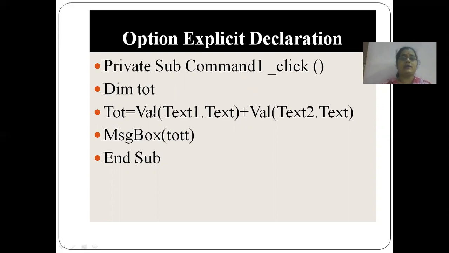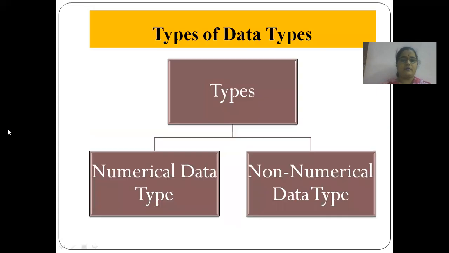Then tot is equal to, here you have to use small t, tot is equal to Val(Text1.Text) plus Val(Text2.Text). And the total value is displayed through the message box. So in this way you can declare the variable with the help of the Dim keyword.